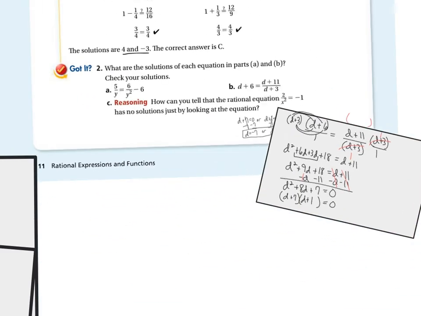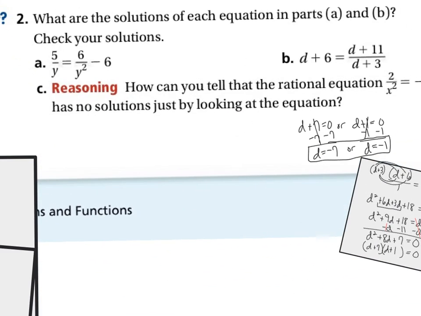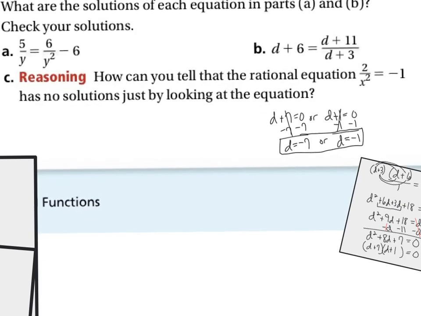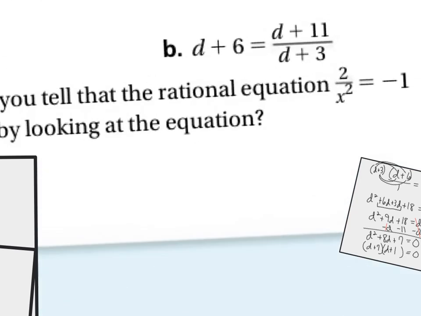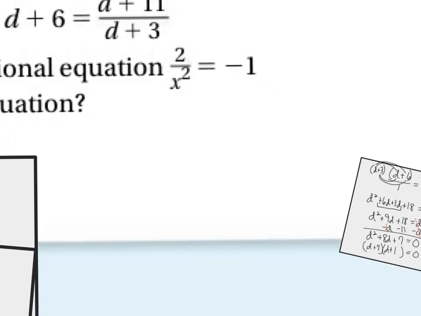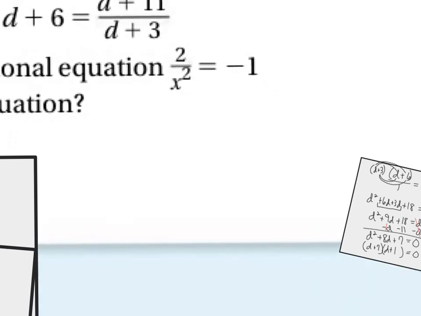And then just to mention on part C, they're asking how we could tell that that rational equation has no solutions just by looking at the equation. So just by looking at this, 2 over x squared equals negative 1, they're asking how we could tell that that would have no solutions without working it out.